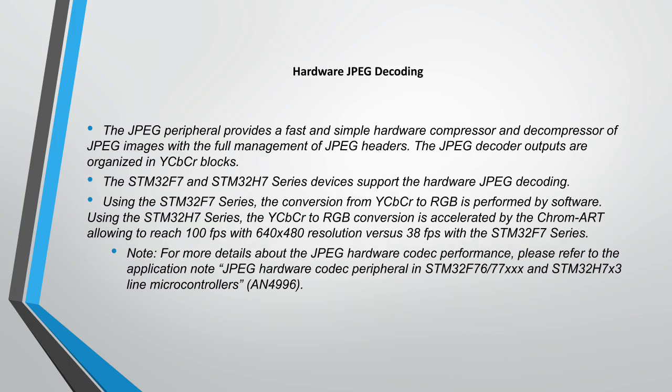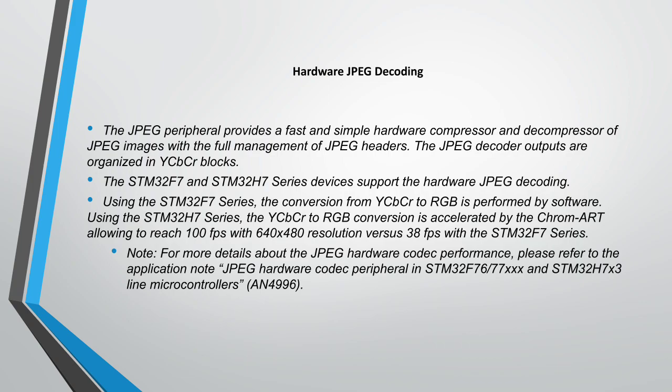The JPEG peripheral provides a fast and simple hardware compressor and decompressor of JPEG images with full management of JPEG headers. The JPEG decoder outputs are organized in Y, CB, CR blocks. The STM32F7 and H7 series devices support hardware JPEG decoding.